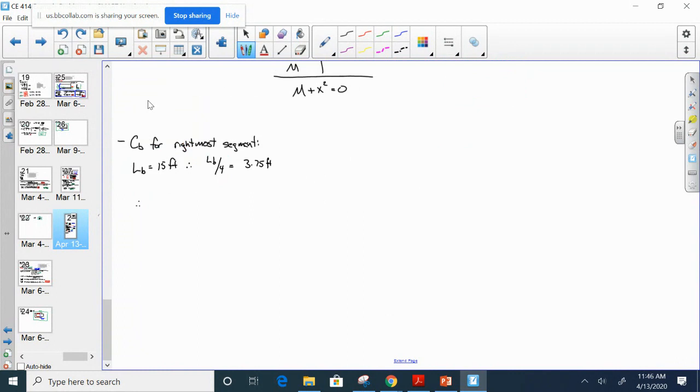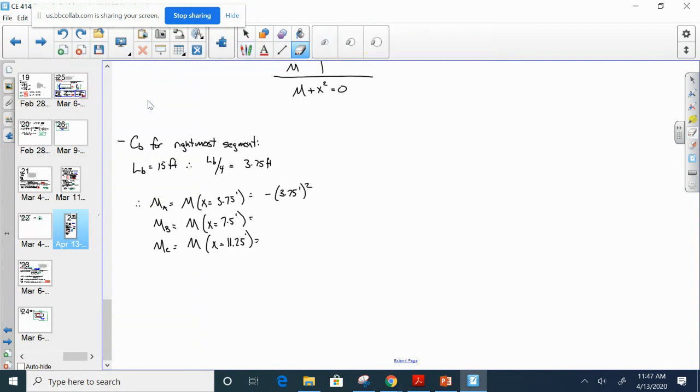So MA is M at x equals 3.75 feet. MB is M at x equals 7.5 feet. And MC is M at x equals 11.25 feet. So all it is just minus 3.75 feet squared, sorry, minus 7.5 squared, minus 11.25 feet squared.